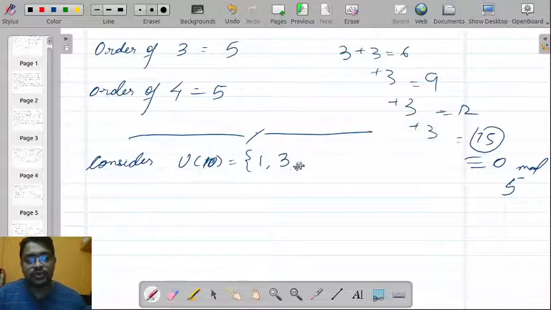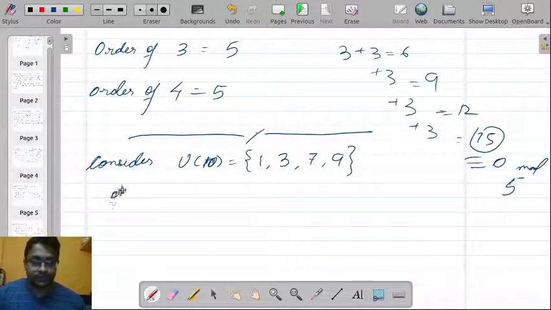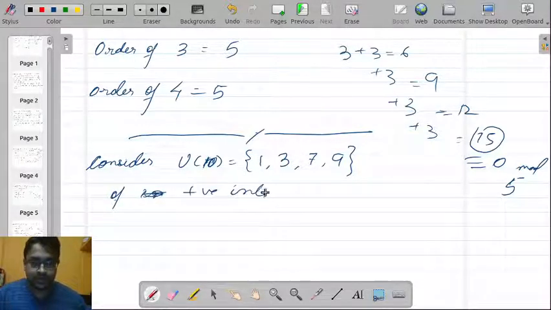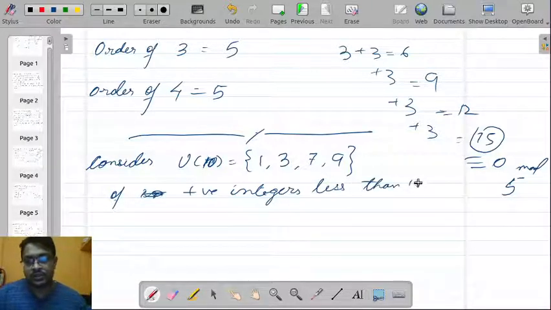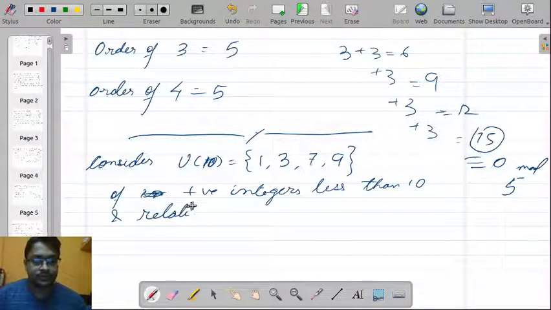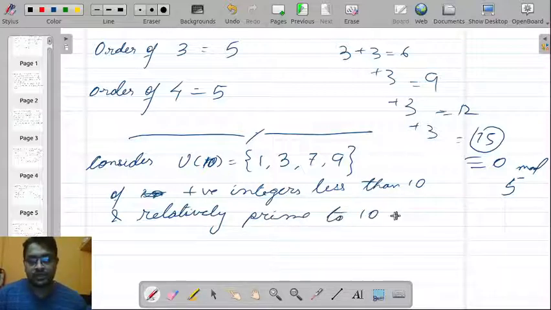then the next one is 7, 9. So 1, 3, 7, 9, the positive integers less than 10 and relatively prime to 10.